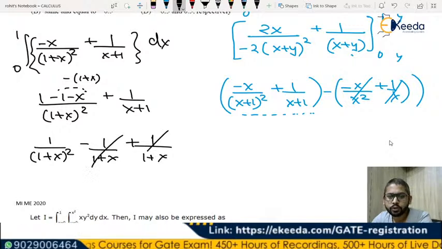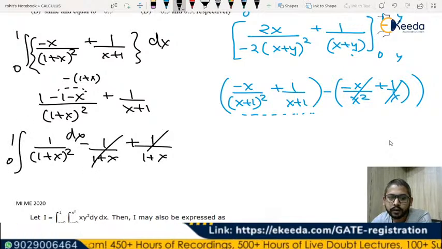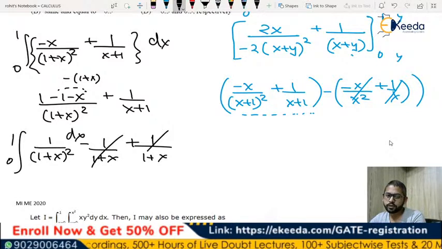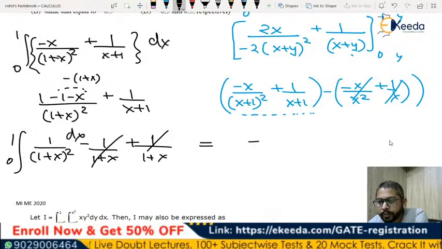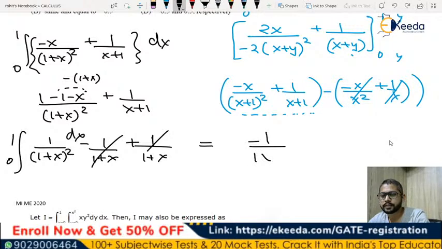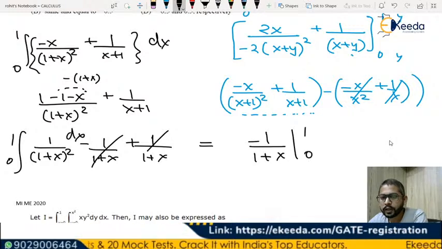So you can cancel these two terms, and you have to integrate only this term in terms of dx, of course, from 0 to 1. So this is going to be x to the power of minus 2, like that, if you are substituting 1 plus x as another term. So this is going to be minus, the integration is going to be minus 1 by 1 plus x, for the limits of 0 to 1.